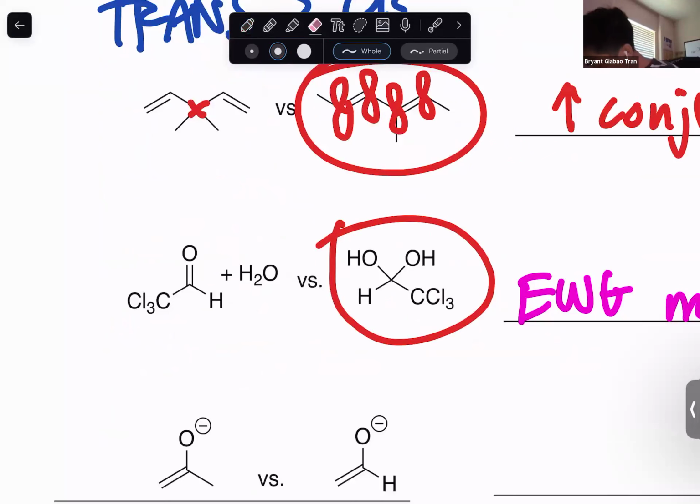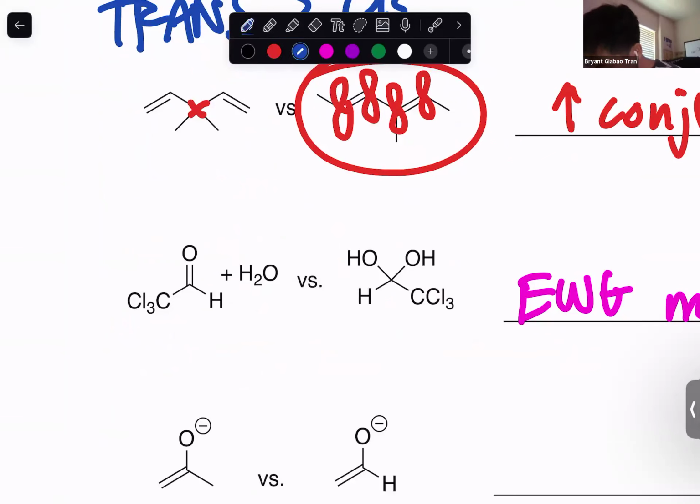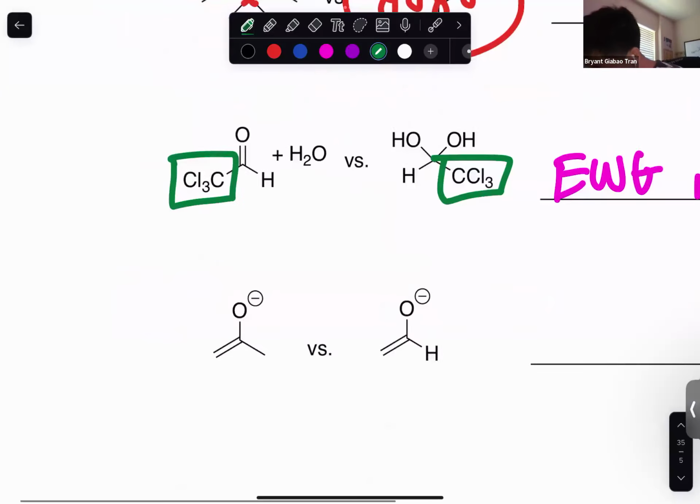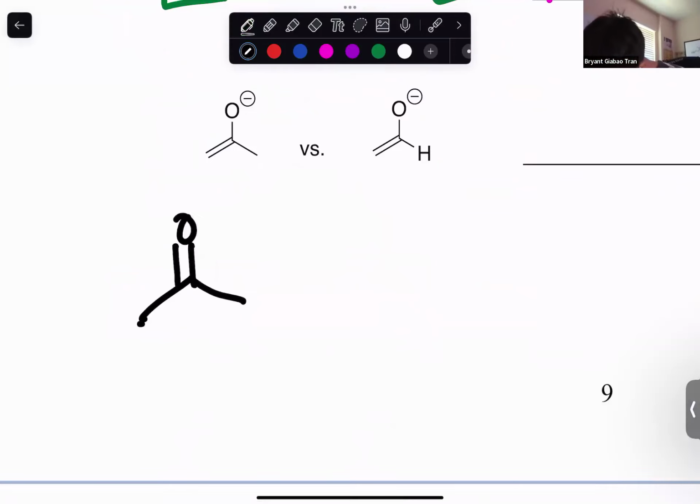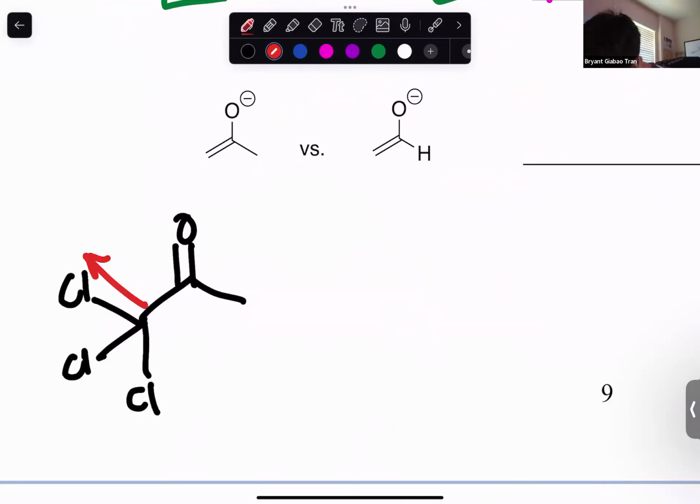So the thing you have to watch out for is this group right here, this CCl3. If I draw that in bond line form, Cl, Cl, Cl, the chlorine is more electronegative than the carbon, and that makes this carbon very positively charged, very electrophilic.